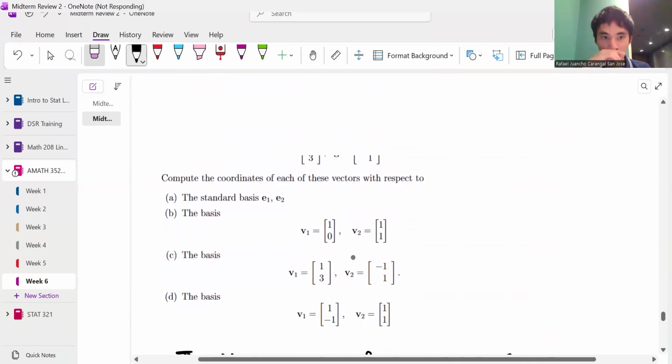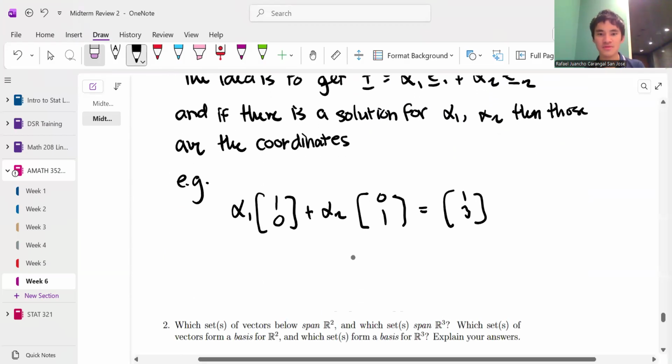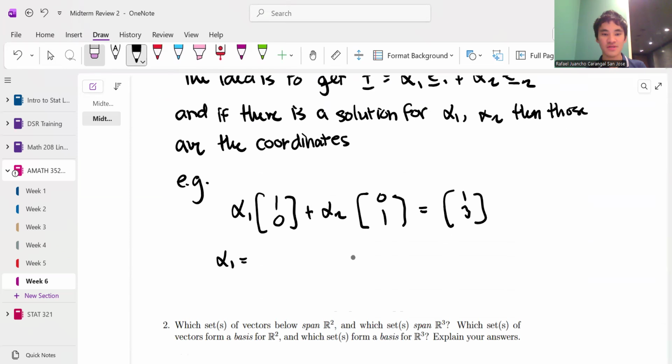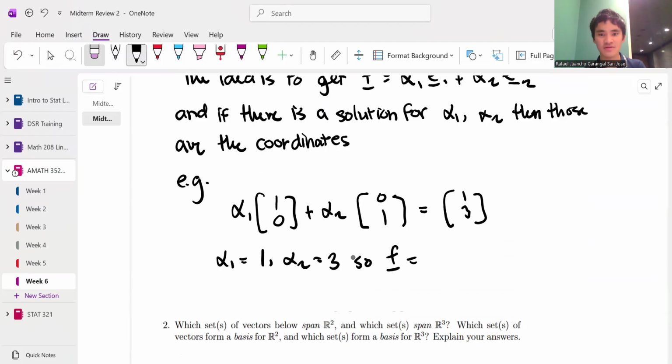And apparently we do have solutions for these. Alpha 1 was 1 and alpha 2 was 3. So that means we can write f as a linear combination of e1 plus 3 e2.